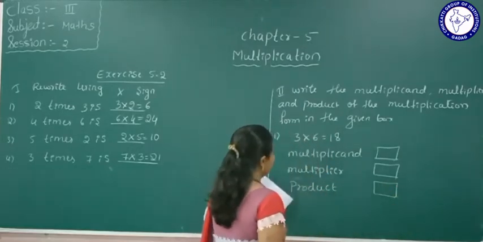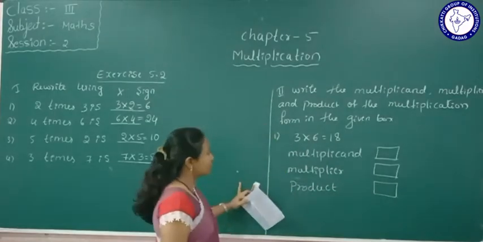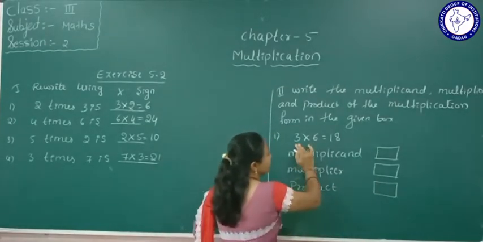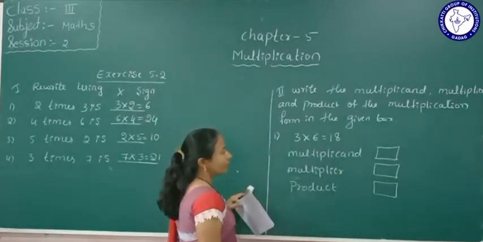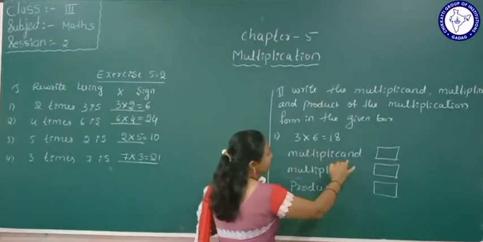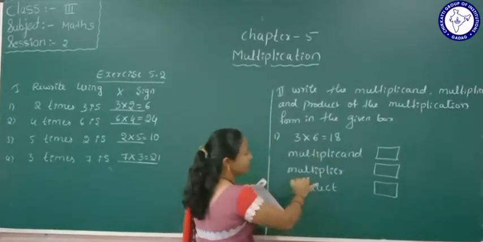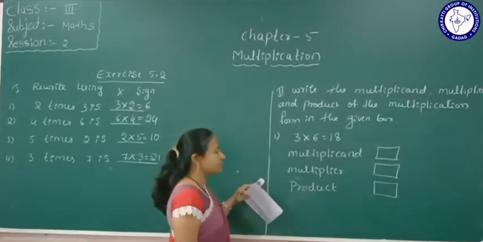In this question they have given 3 into 6, and here 18. So what will we do here? We will find out which is the multiplicand, which is the multiplier and which is the product.